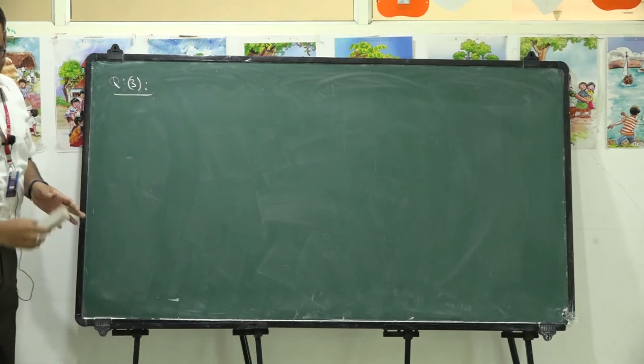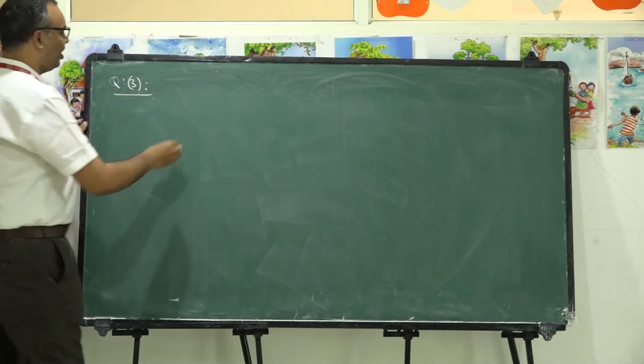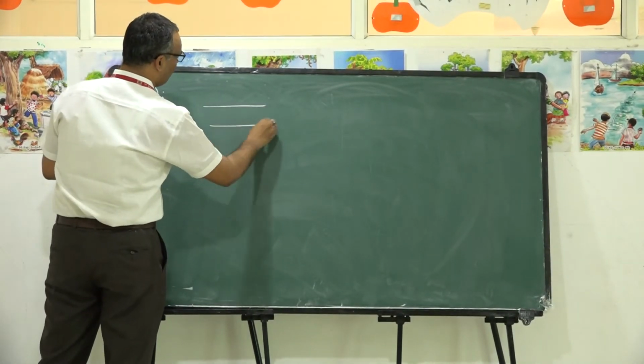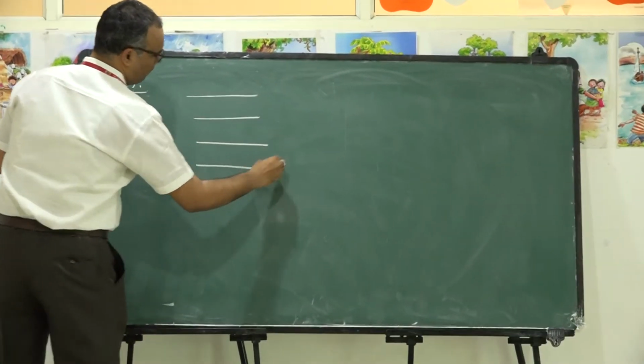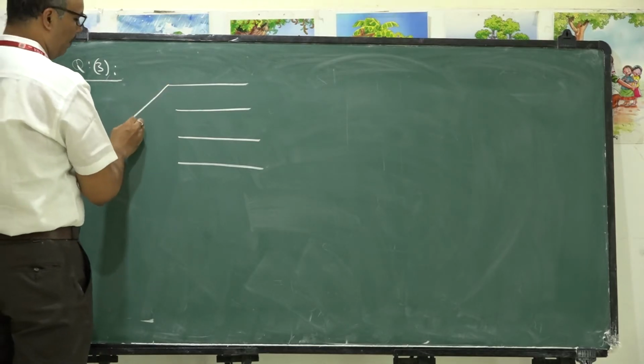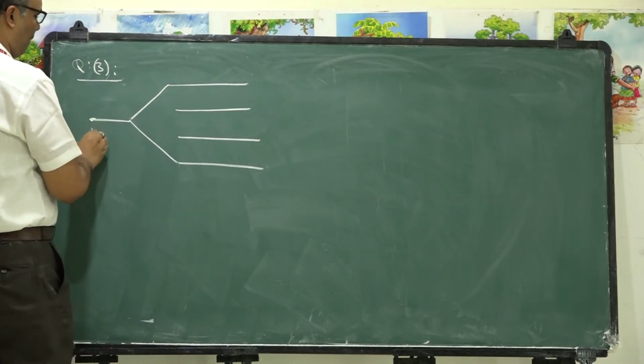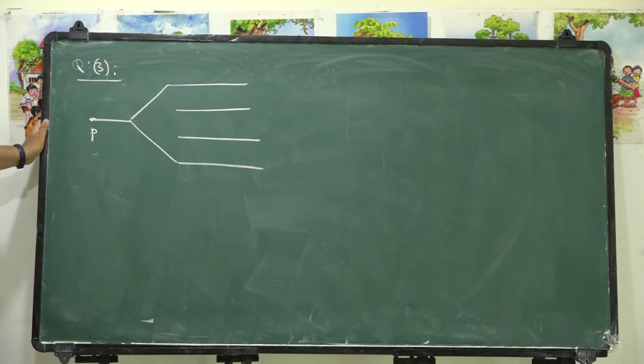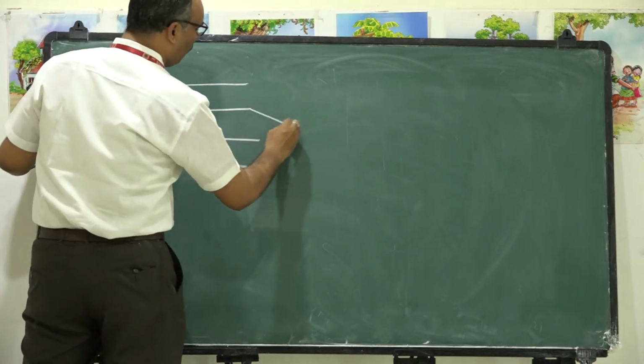Similar model. Here you are provided with 4 plates again. The first plate and last plate, they were joined to a terminal P. The second plate and the third plate, they were joined to a terminal Q.